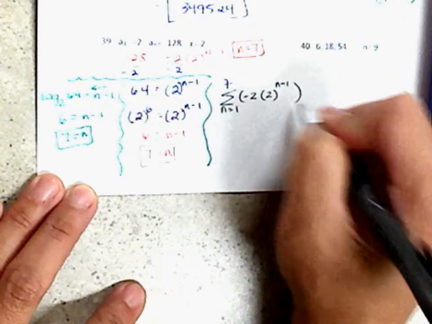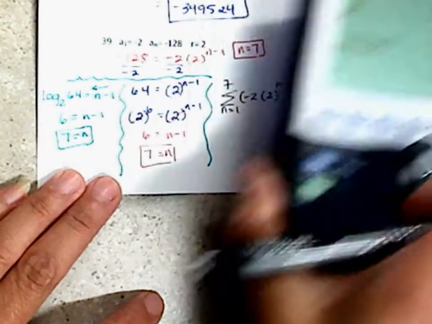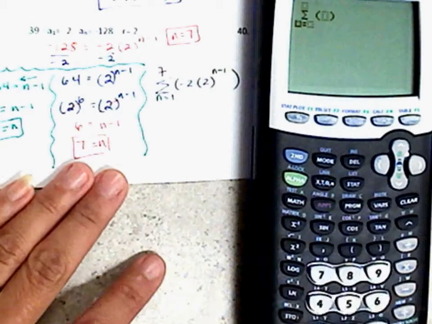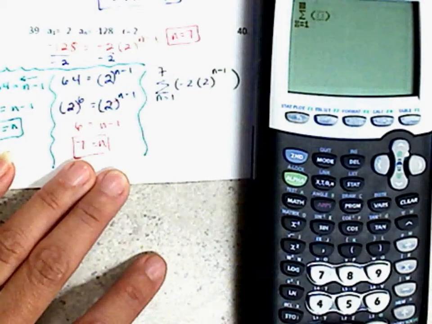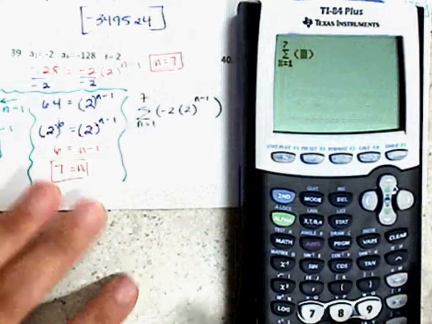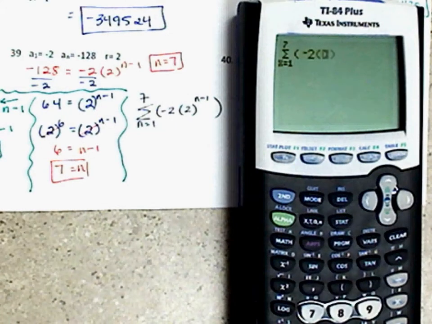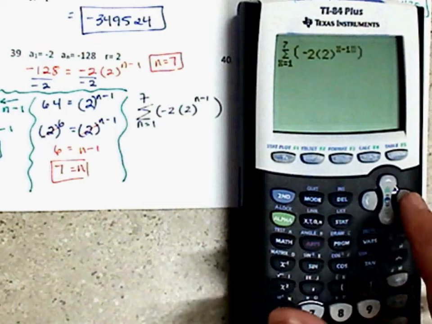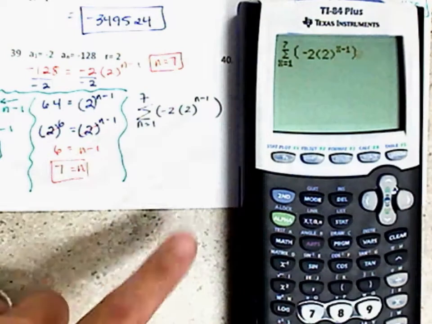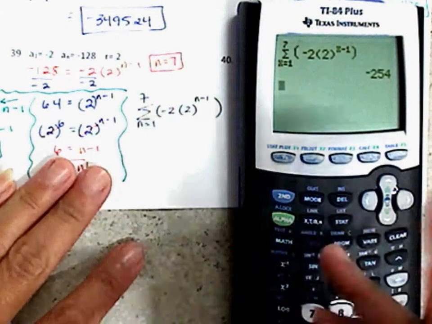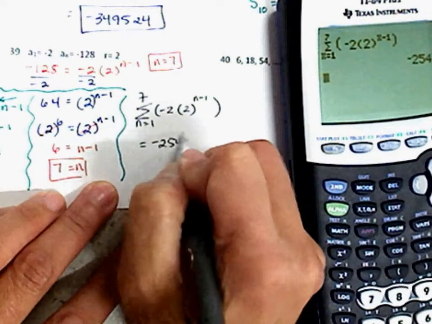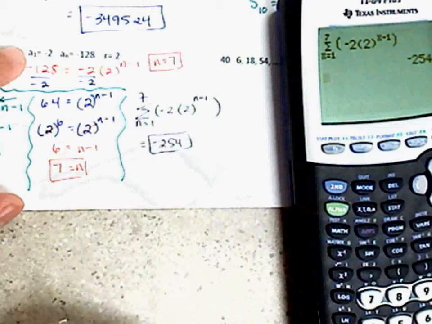So, alpha window 2, first term to the 7th term, negative 2 parentheses, 2 parentheses raised to the x minus 1. See how they look alike? That'll help you. If I add all this together from the first term to the 7th term, I'm going to have negative 254.